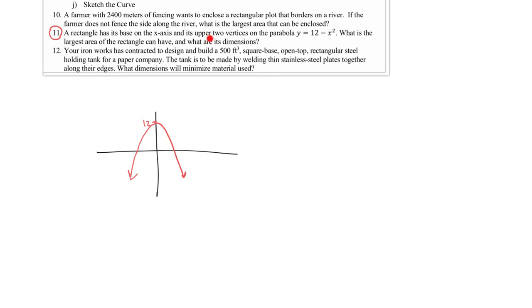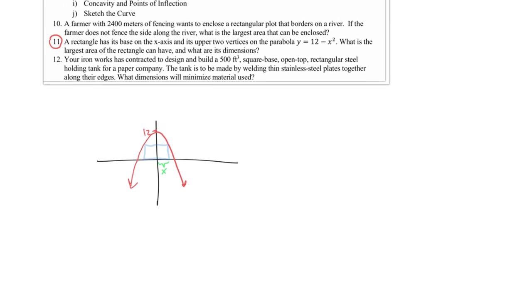And based on the x-axis, what is the largest possible area? So you are going to have some triangle like this. And just keep in mind that the distance from here to there we could call x.